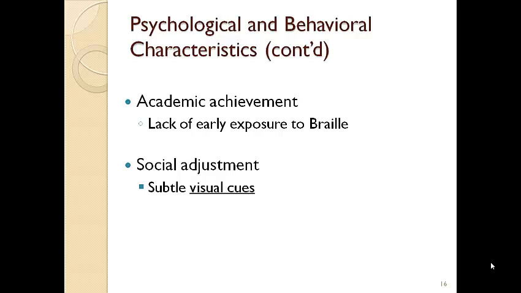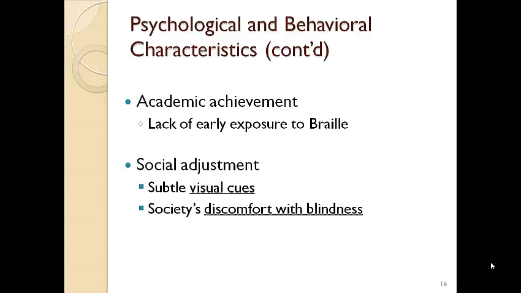When a person is angry or upset or experiencing other emotions, we use our facial expressions, right? Raising the eyebrows or smiling or things like that. So it's because students who are blind or have extremely low vision won't be able to see these cues, so they cannot respond to these cues in a similar manner, and that is why social adjustment may become a problem.